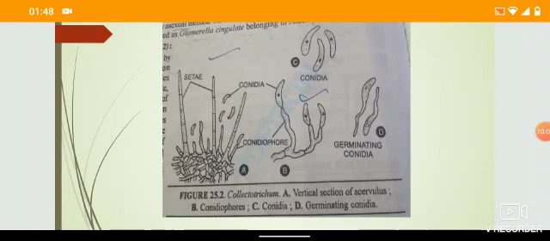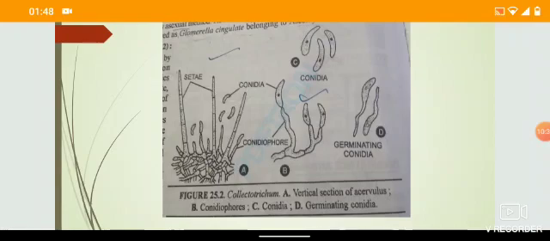These conidia are held together by pink colored slimy mucilaginous secretion, and there are also brown colored long 1 to 4 septate setae around the acervulus.